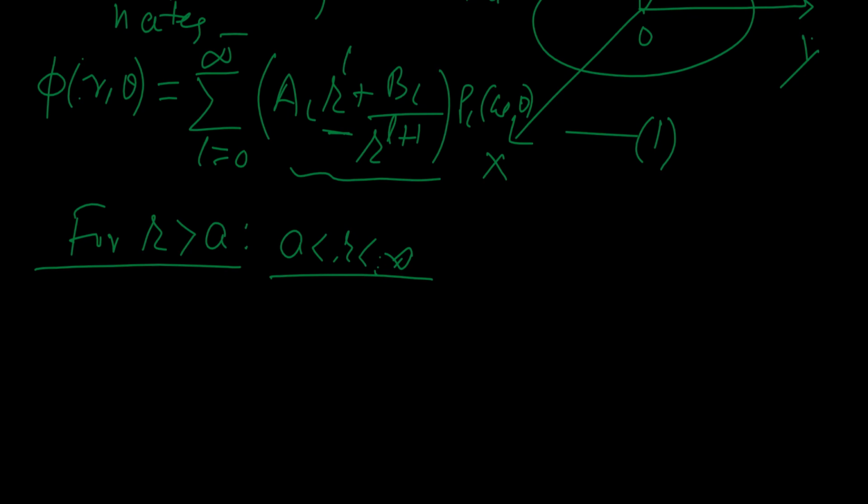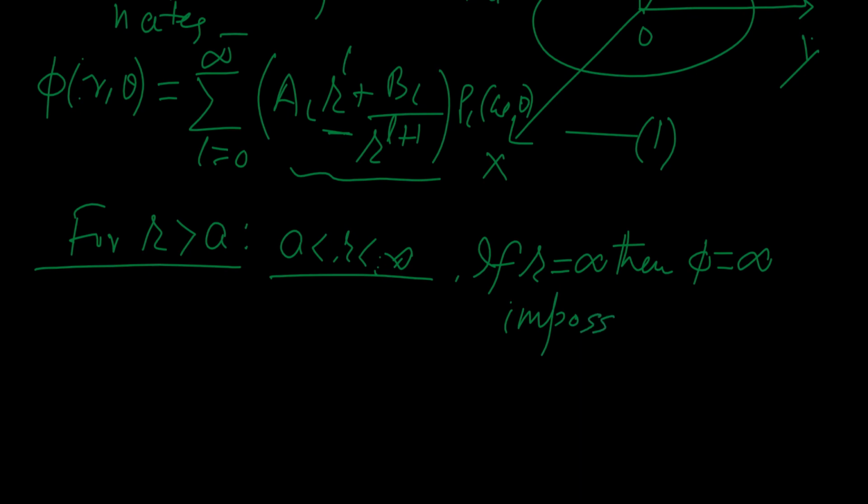So if we take R equal to infinity, then phi will be equal to infinity, which is an impossible result, because potential cannot be infinity at R equal to infinity. It is obvious. What do you think the potential will be at infinity?